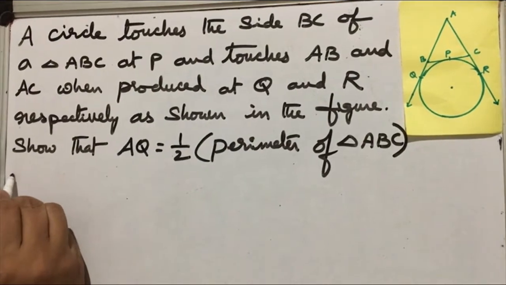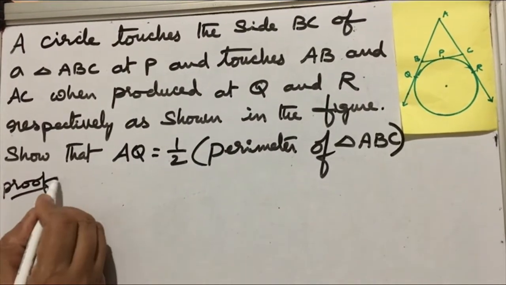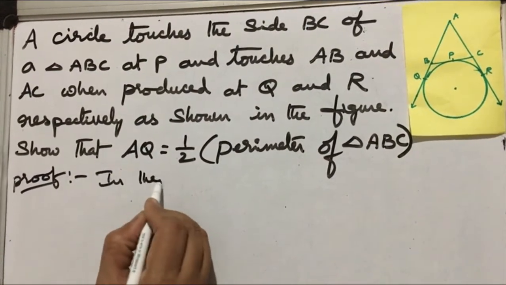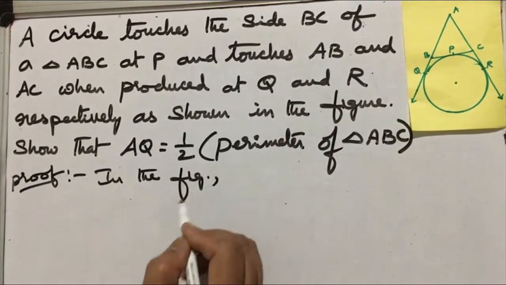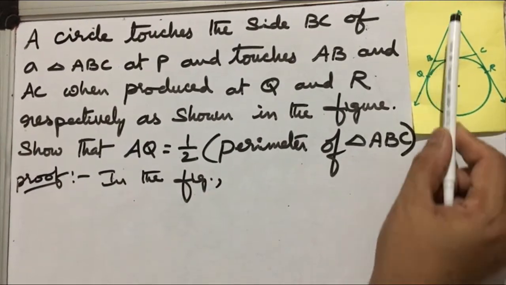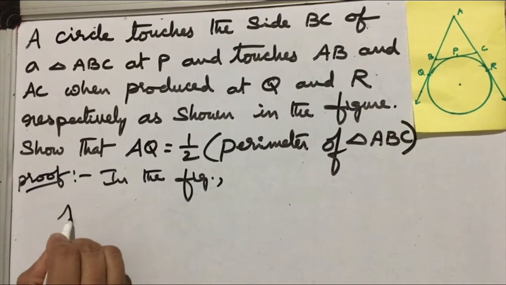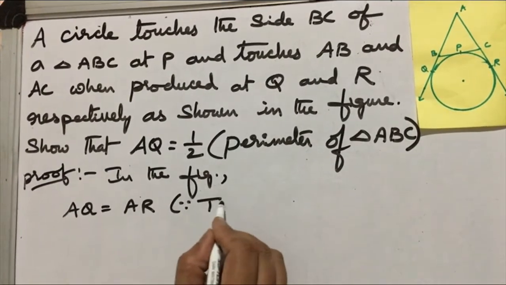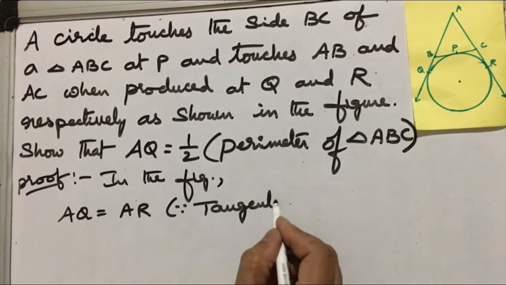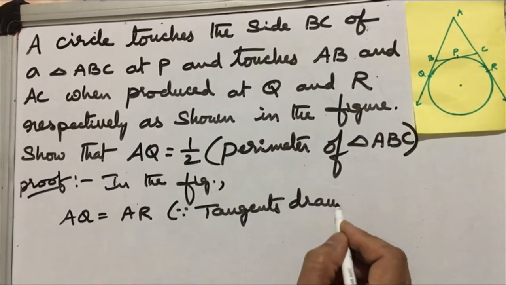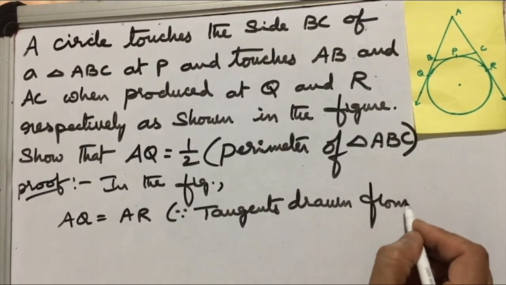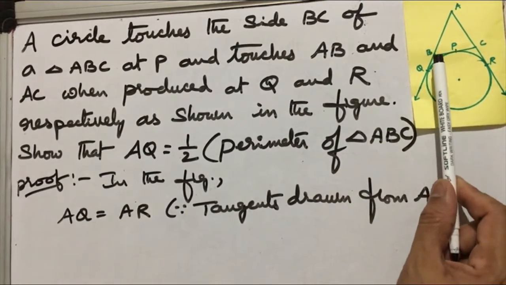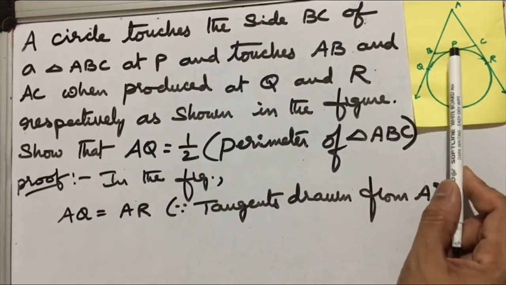Coming to the proof, here in the figure, this AQ is equal to AR. The reason is they are the tangents drawn from A. And when you look at B, here also we can observe BP is equal to BQ.